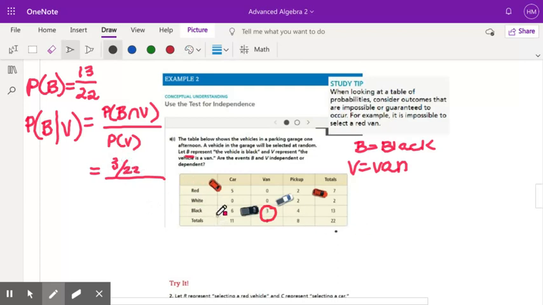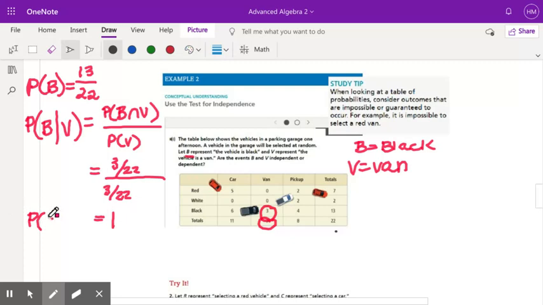And then the probability of having a van, there are 3 out of 22. So 3 over 22 divided by 3 over 22 is 1.